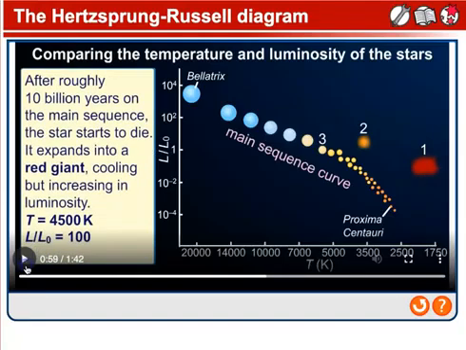After roughly 10 billion years on the main sequence, the star starts to die. It expands into a red giant, cooling but increasing in luminosity. So our temperature has decreased to 4,500 degrees Kelvin, and our luminosity is now around 100.